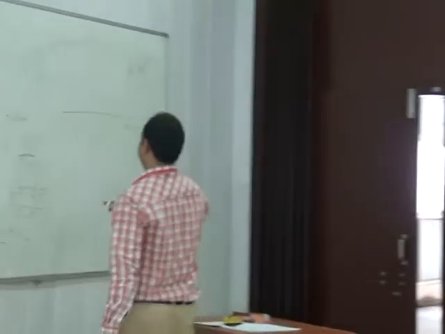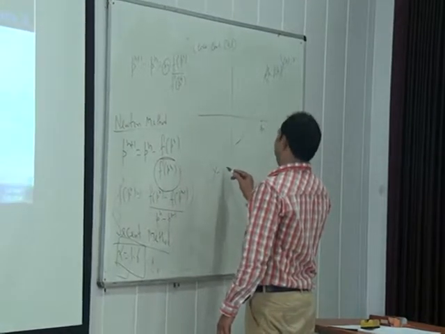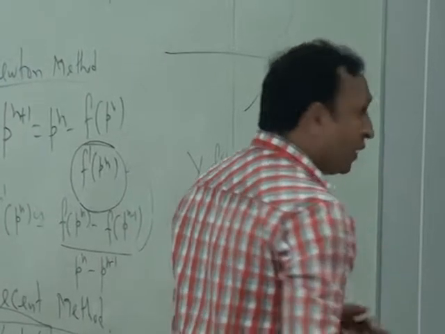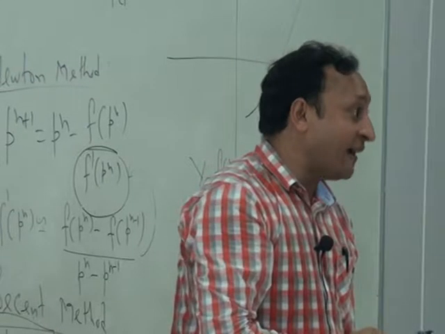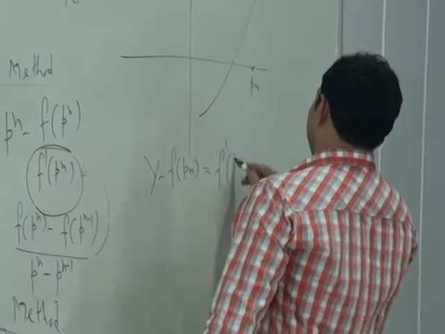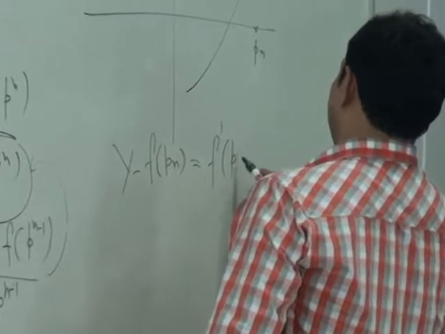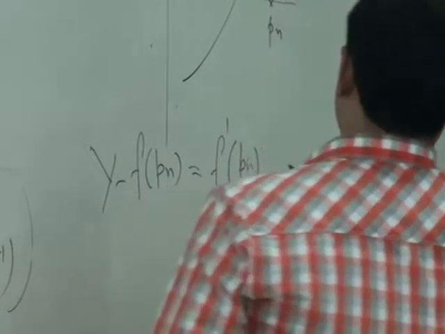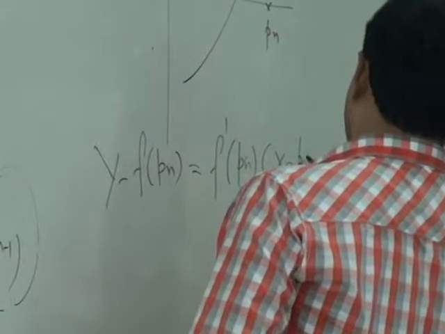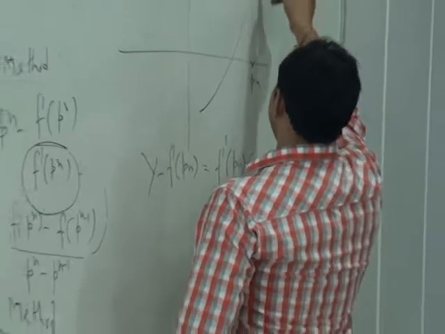y minus Fpn equal to, so what is the slope of the tangent? F dash Pn, correct? F dash Pn into x minus Pn. Now this is my tangent, and it goes somewhere.